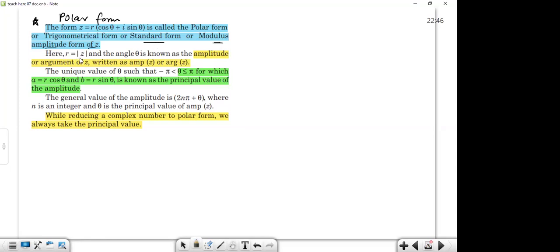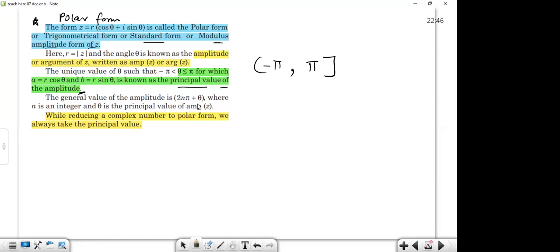So r is represented as the modulus of the complex number, and theta as the amplitude or argument of the complex number. The unique value of theta such that it lies between minus pi and plus pi, where plus pi is included and minus pi is excluded, is the principal value of amplitude.